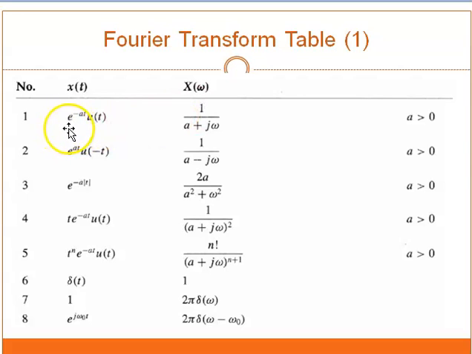So, say for example, number 1, when you have the signal e^(-at) times u(t), if you apply the Fourier transform, you can straight away use this equation, 1 over a plus j omega. That would be the signal in frequency domain.